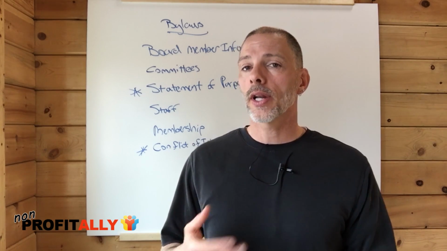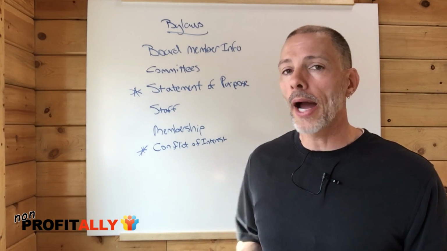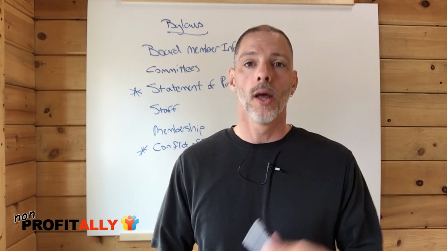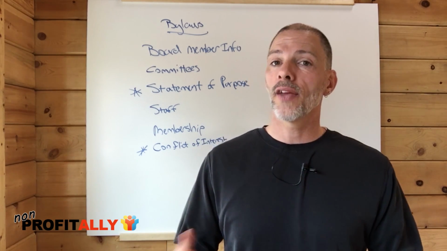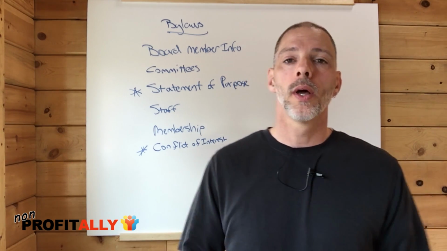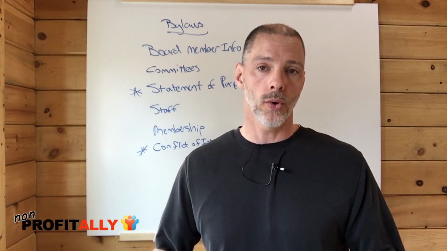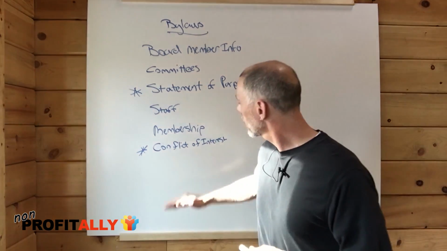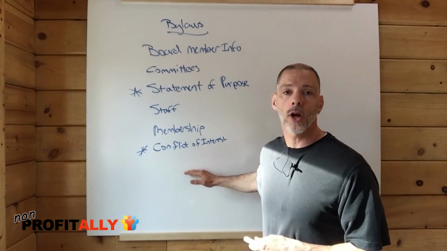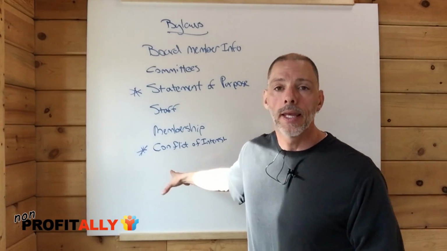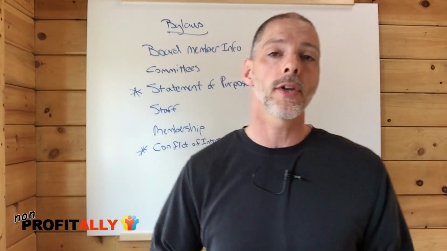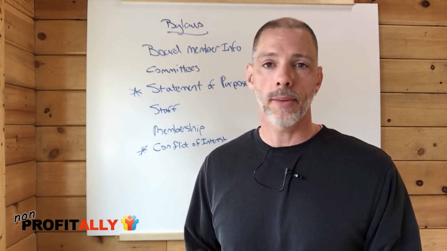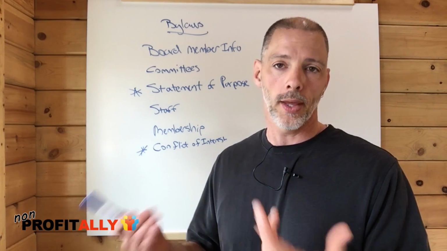So you're going to have these checks and balances in your bylaws that assure that whatever you do, whoever you hire, whoever you contract to, whoever's on your board, et cetera, that if they own a snowplow business and they're going to plow your parking lot every year, and you contract with them, you're going to go in your bylaws and assure that you follow your conflict of interest statement, so you are not paying them 10 times more than someone else, and somehow it benefits them because they're on the board and they have a plowing business.